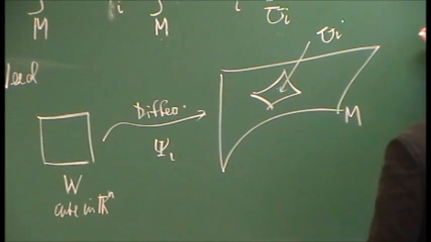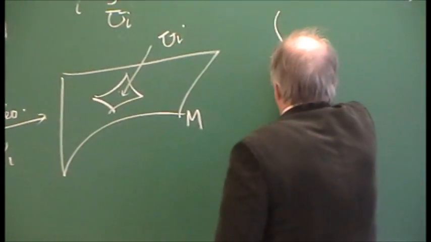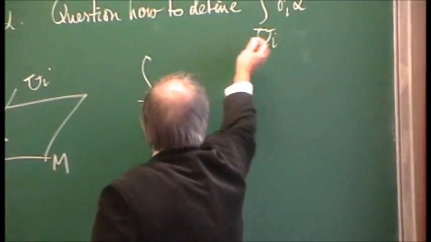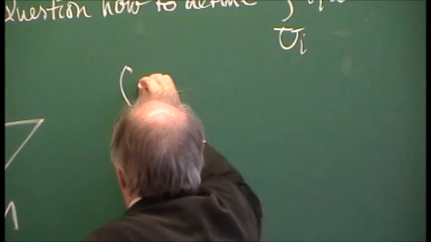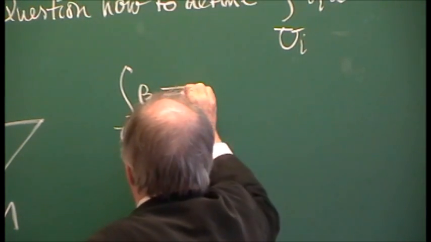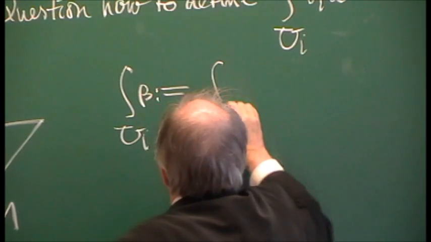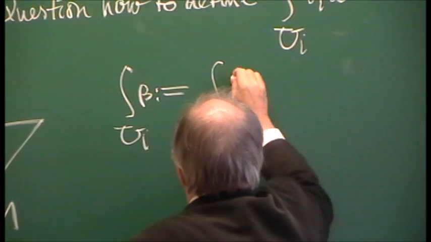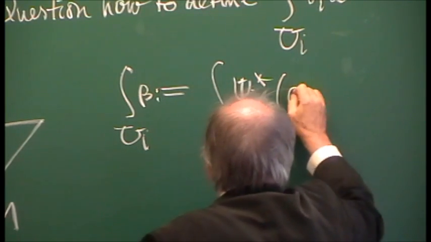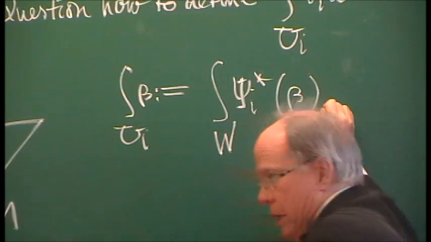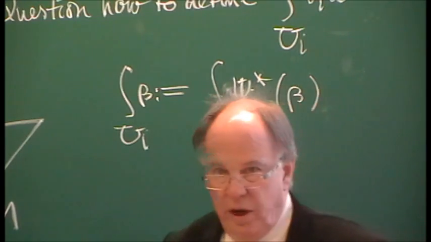So the integral over Ui of some form, it doesn't matter what it is now, with compact support in Ui, I'll just call it beta, will now be defined to be the integral over the cube of the pullback of the form to the cube. That's what you had in mind, I think.